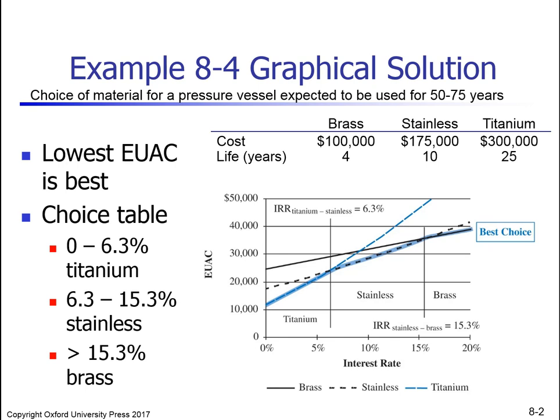But we also want to look at them uniformly based upon the fact that they have different useful lives. And so since brass has a 4-year useful life, stainless steel has a 10-year useful life, titanium has a 25-year useful life, going back to a present worth analysis would not be a fair comparison, because you would have to think about, well, every 4 years we're going to have to replace the brass one, every 10 years we're going to have to replace the stainless one.